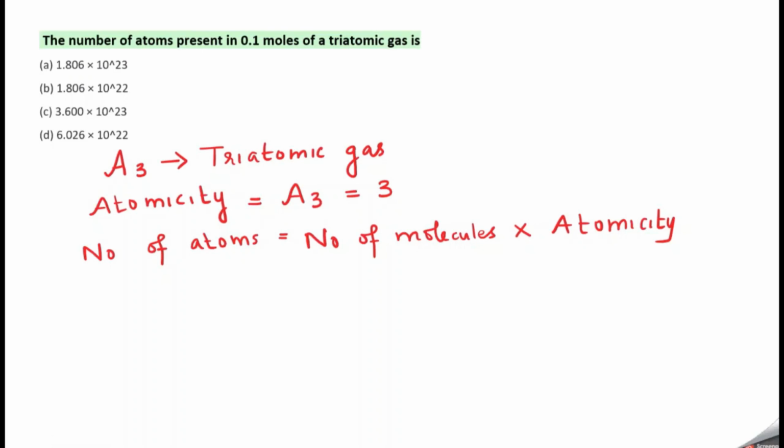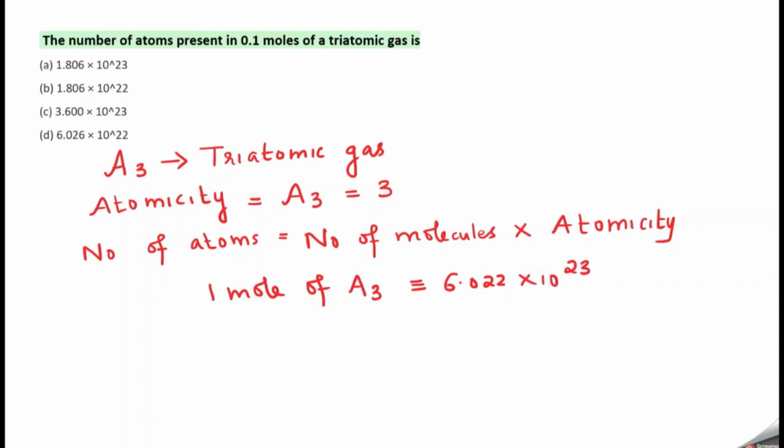So in the question, we know from our fundamental concept that 1 mole of any molecule, let it be A3, 1 mole of A3 will have how many molecules? This we have learned in our fundamental chemistry. It will have 6.022 into 10 power 23 molecules, that is Avogadro number of molecules.